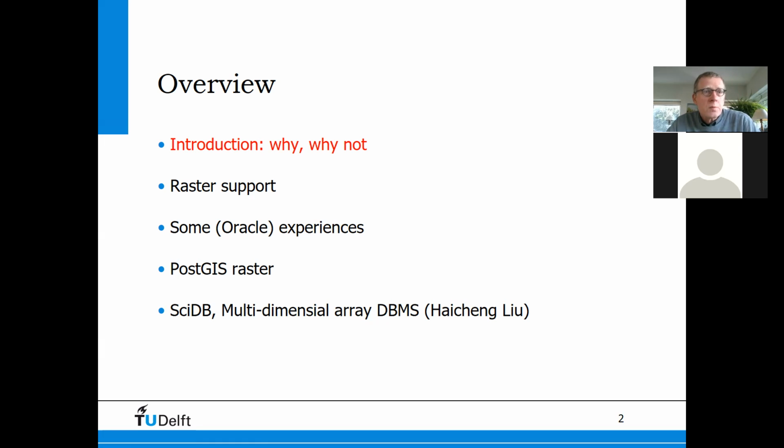And as last part, we're going to look at the multi-dimensional array database, but there are many similarities with raster data. But this is a specific database designed for this purpose, and it's called GeoDB. And actually, that part of the lecture is based on the master thesis project of Haicheng Liu when he was still a master student.